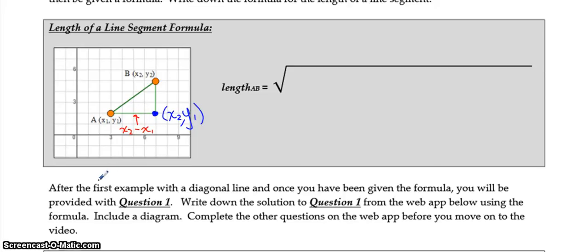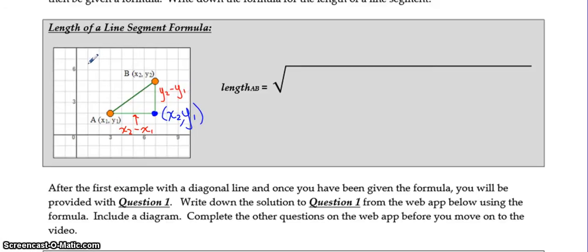That would be the length of that side. The length of this side, so if this y value is 5 and this y value is 2, once again, 5 subtract 2 is equal to 3. 1, 2, 3. So once again, for this side, you're going to subtract the y values.